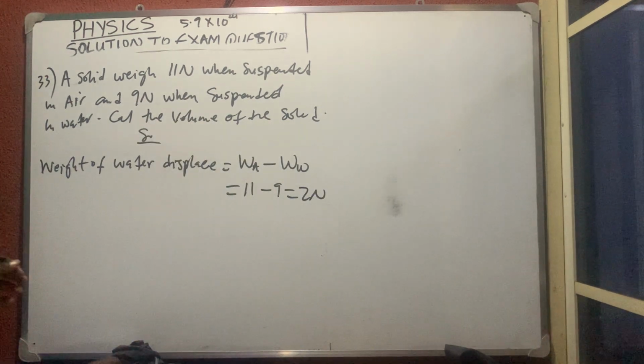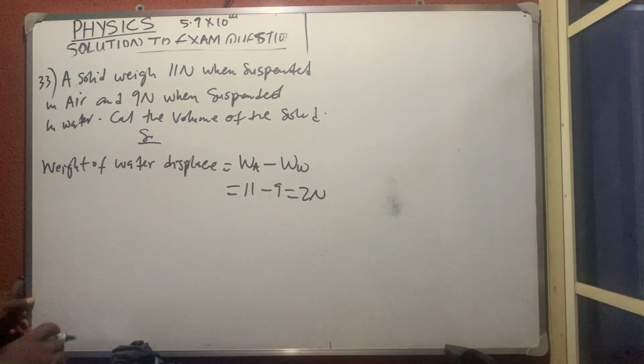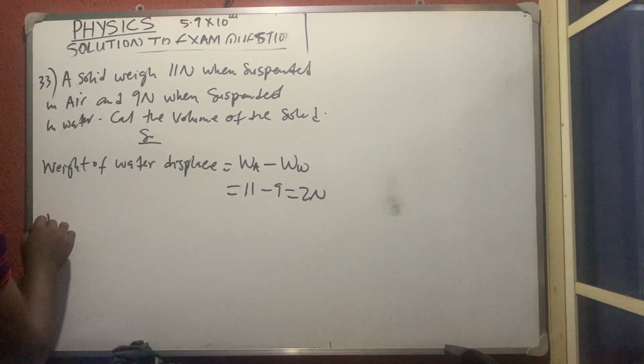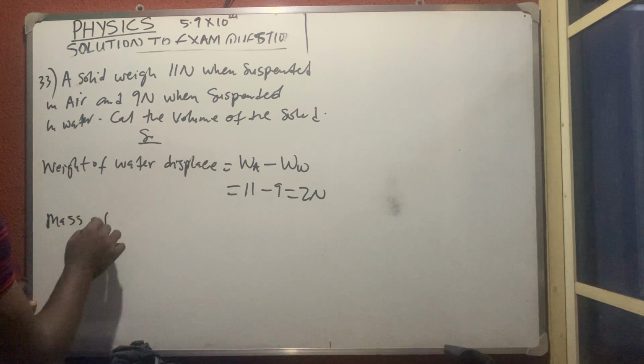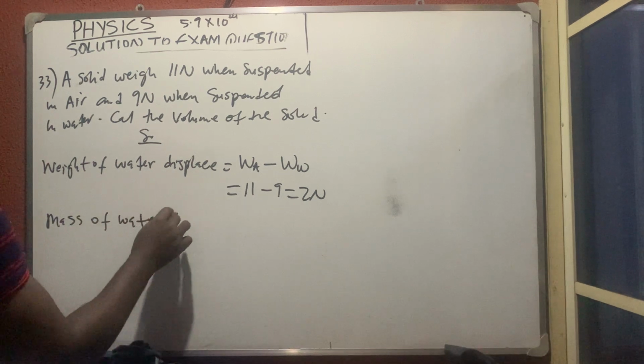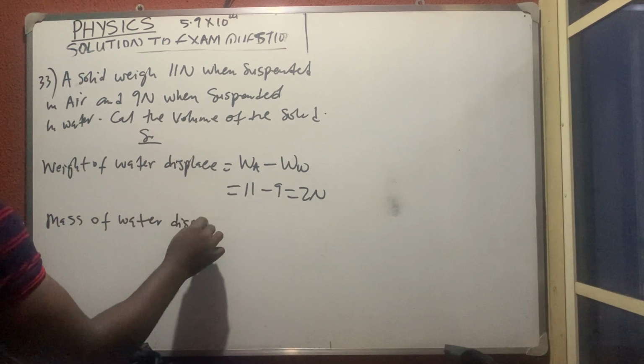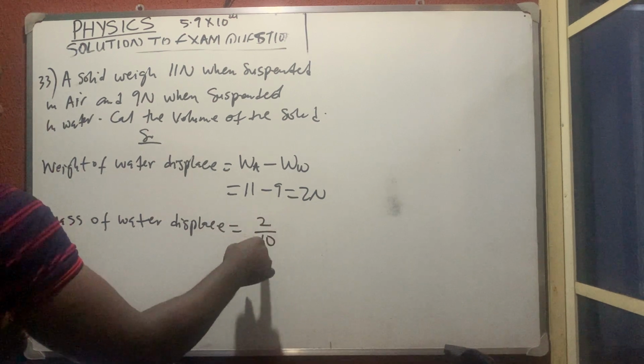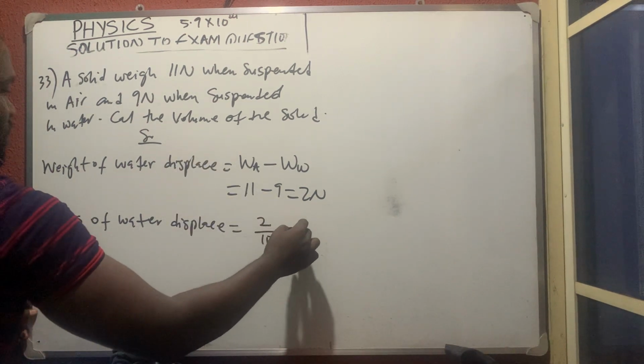Then the mass of water displaced: weight is equal to mg, so the mass is simply the weight divided by 10, the acceleration due to gravity.